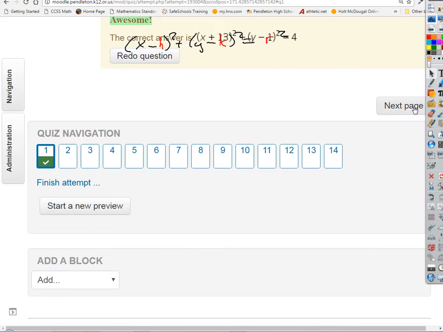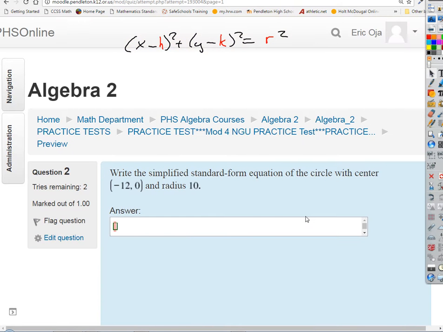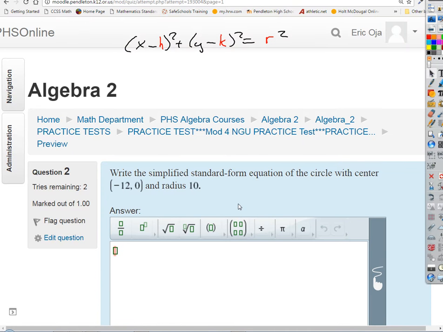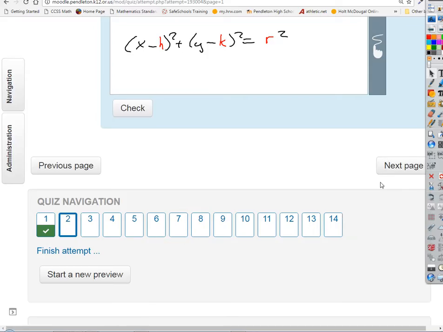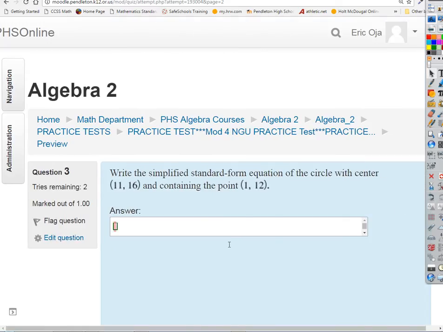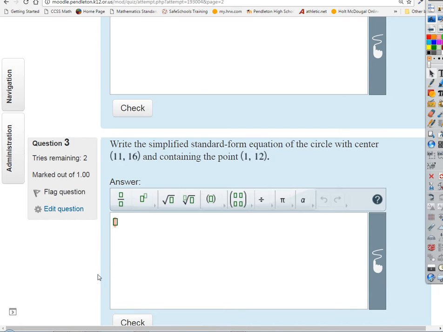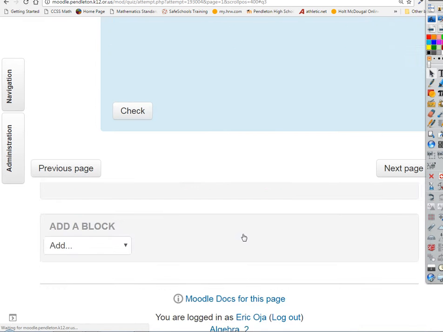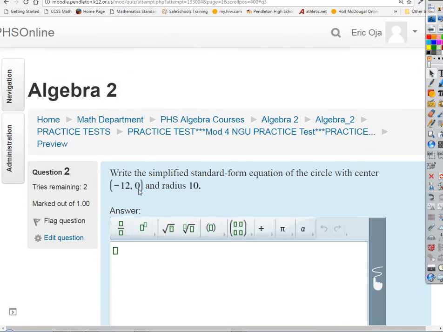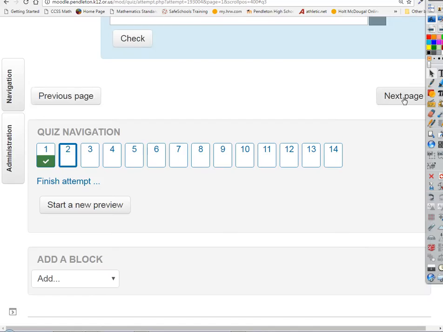No big deal? Okay, how about this one? Same thing, right? On that last one, the only thing that would have been different: if k is 0, what does (y minus k) squared look like? Just y squared. Yeah, y minus 0 is just y, so it would just be y squared. Good.